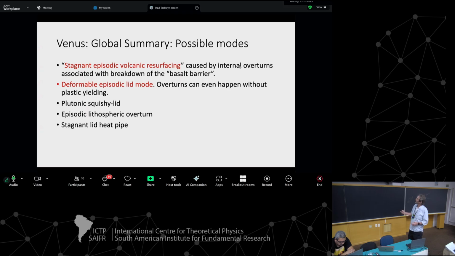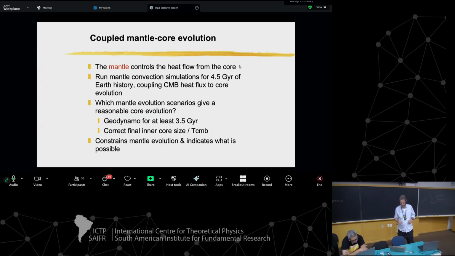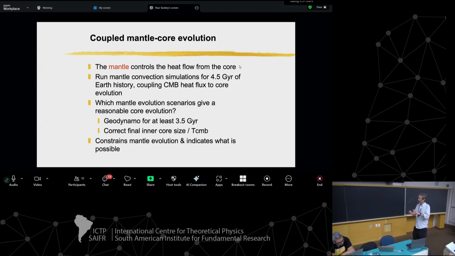There's the deformable episodic lid, where you can have deformation all the time, but then you get these bursts of global subduction. You can have the plutonic squishy lid, which can also be episodic, actually. Or we can have the conventional stagnant overturn, or stagnant lid heat pipe, which I was saying doesn't match observations. Okay, well, that was talking about the surface and also the transition zone.